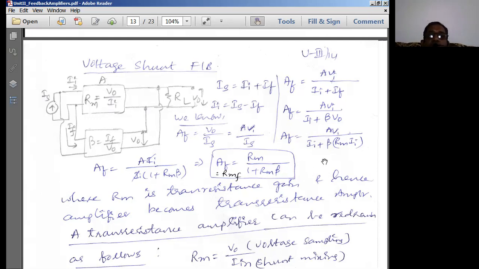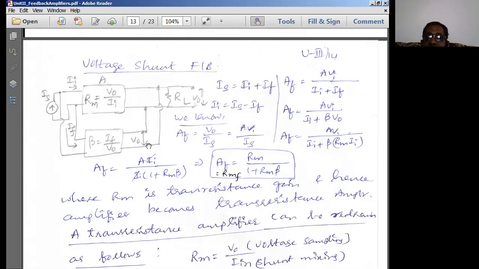So when I take this II as common, I can write RM by 1 plus RM into beta. This is the gain of the amplifier with feedback. The suffix F indicates that it is the gain of the amplifier with feedback. I can make it specific as RMF, because we have transformed the current controlled current device into what type of amplifier?